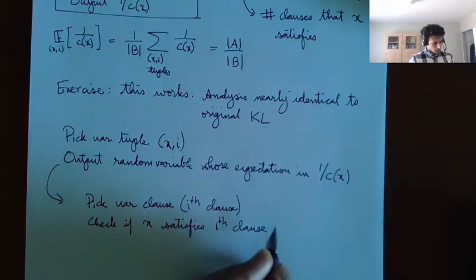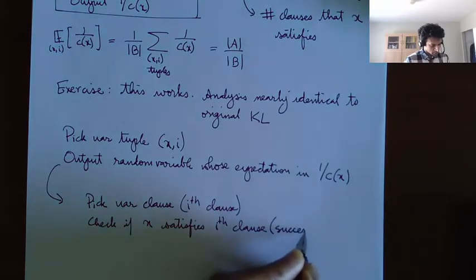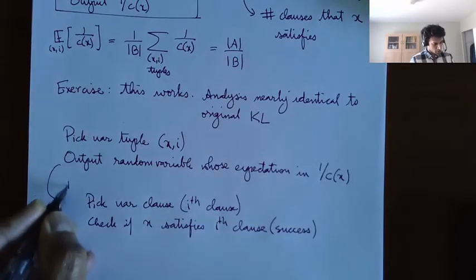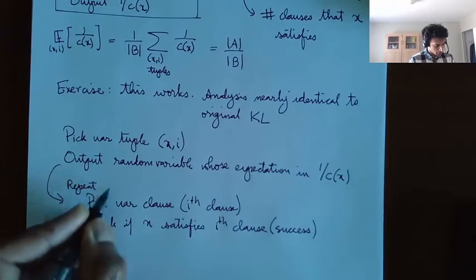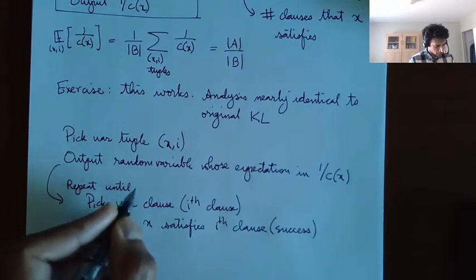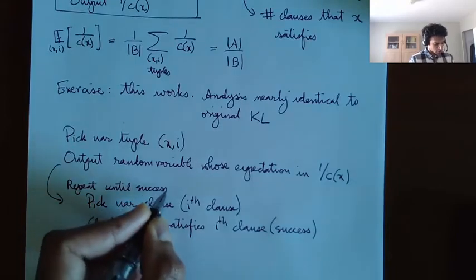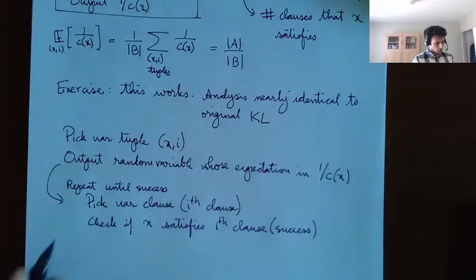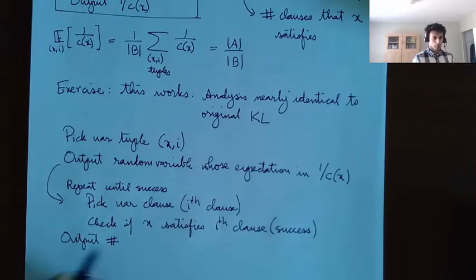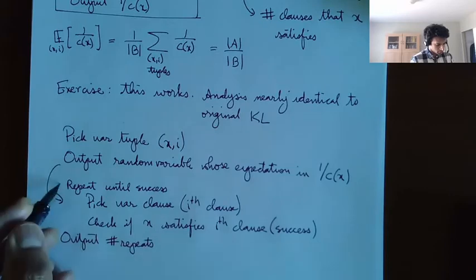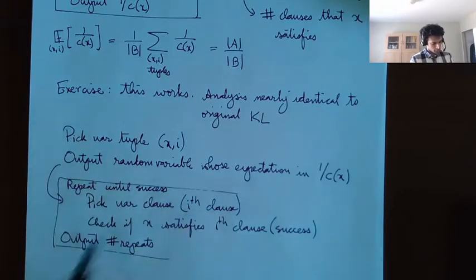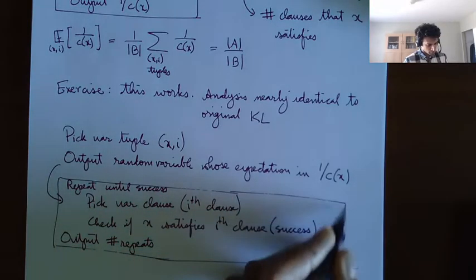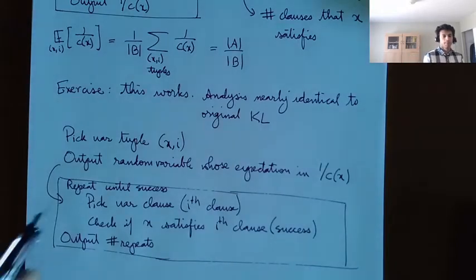Now let's call this a success. And what you do is you repeat until success. Then you output the number of repeats. Okay. Does this make sense?